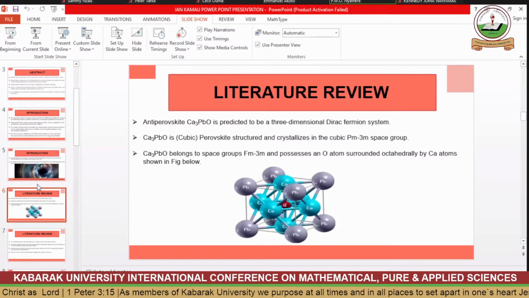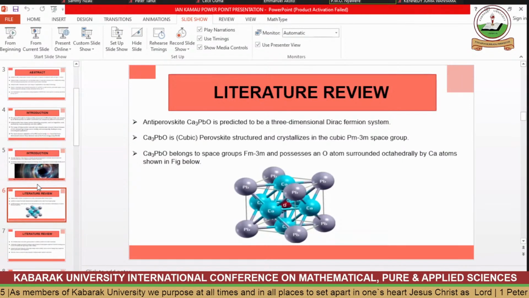Calcium lead oxide has a cubic perovskite structure and crystallizes in the cubic Pm3m space group. Calcium lead oxide belongs to space group Fm3m and possesses an oxygen atom surrounded octahedrally by calcium atoms, as shown in the figure.